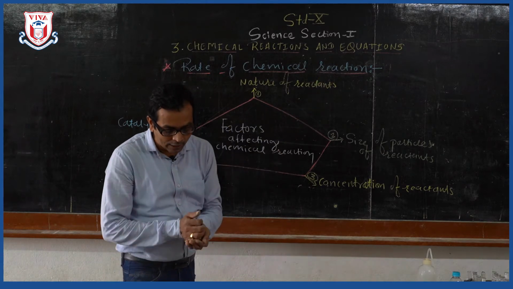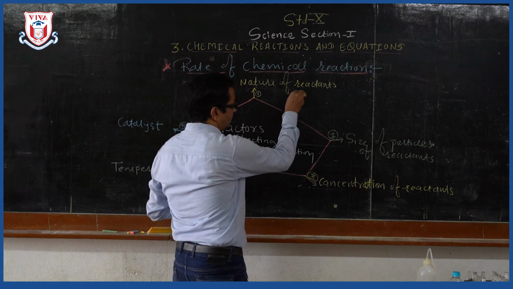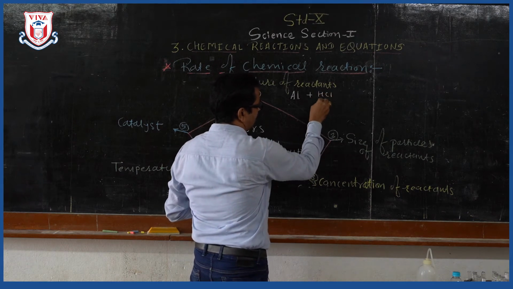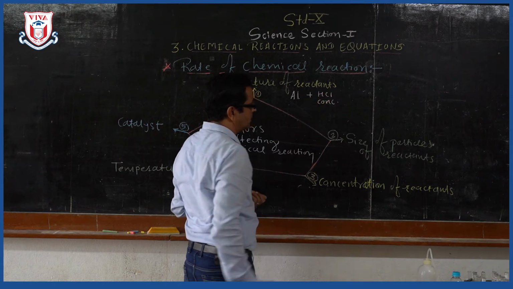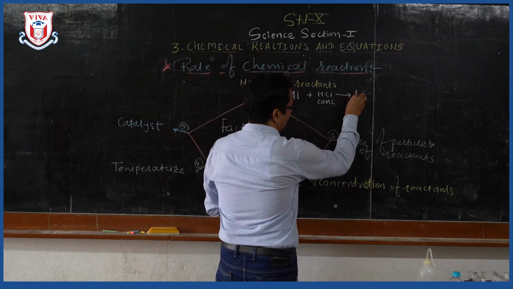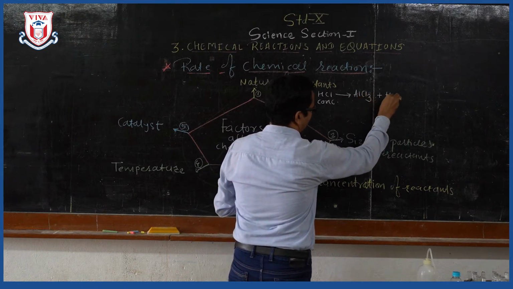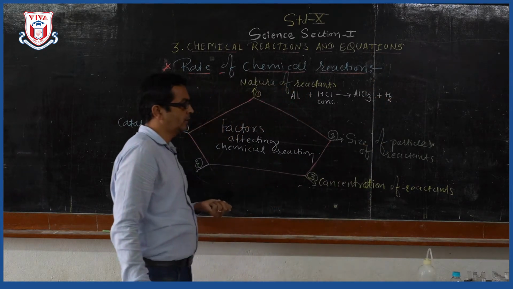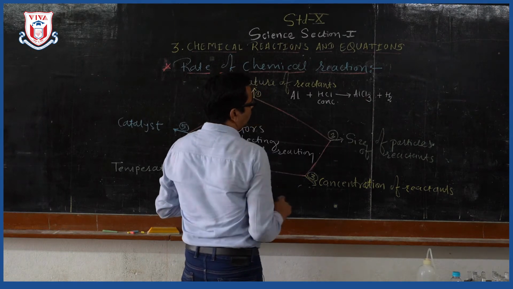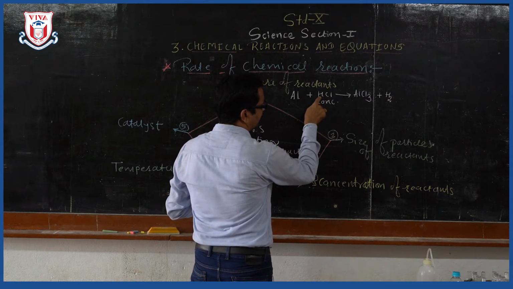Here I will give you one example: aluminium reacted with concentrated HCl. Concentrated, you have to write like this. You will get aluminium trichloride and hydrogen gas will evolve. Again you have to balance it. It's 3 chlorine, so multiply this by 3.